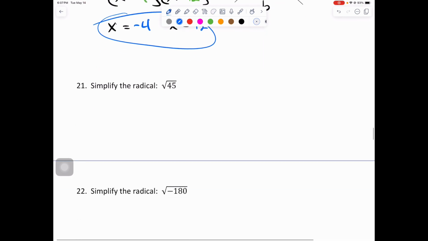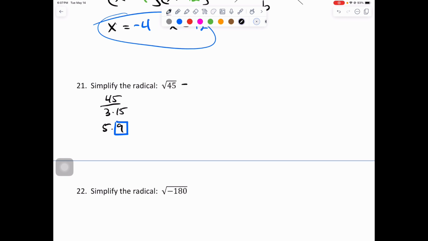All right, number 21, simplify the radical. Well, let's take a look. We have factors of 45 include 3 times 15. I don't see a perfect square. 5 times 9. I do see a perfect square.